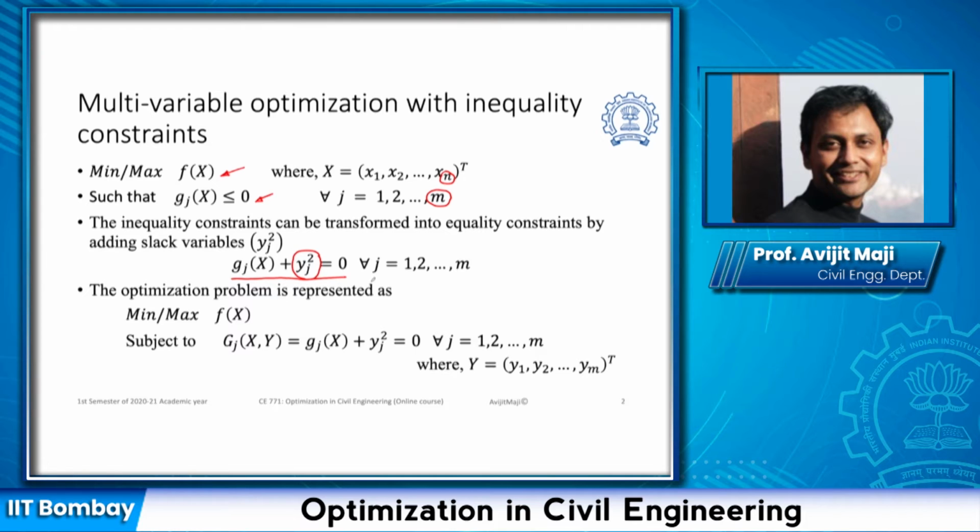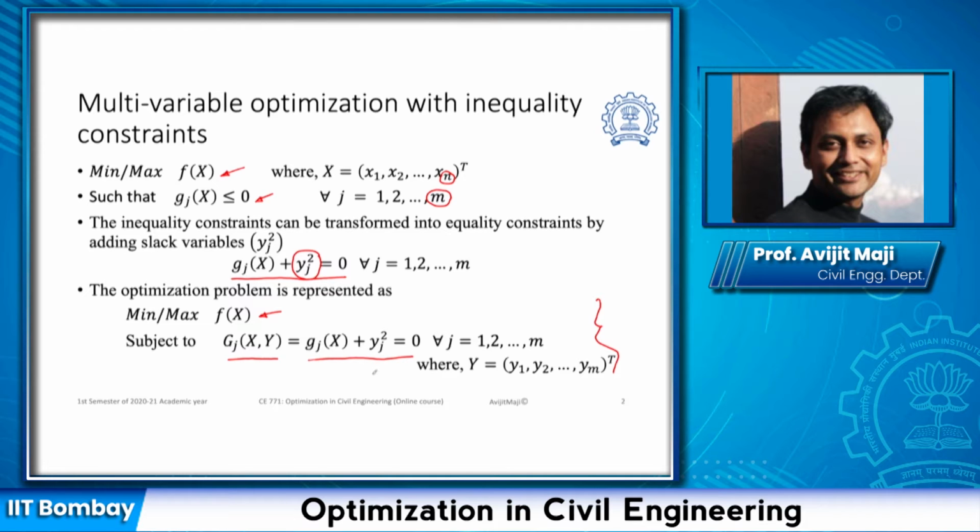After conversion, the optimization problem can be represented in this form, where f(x) is as usual being minimized or maximized with the constraint function, which now has the slack variable y as well, and this is going to be equal to 0.